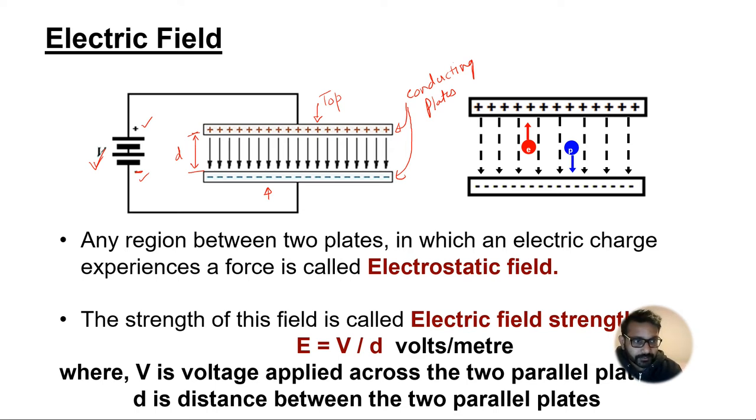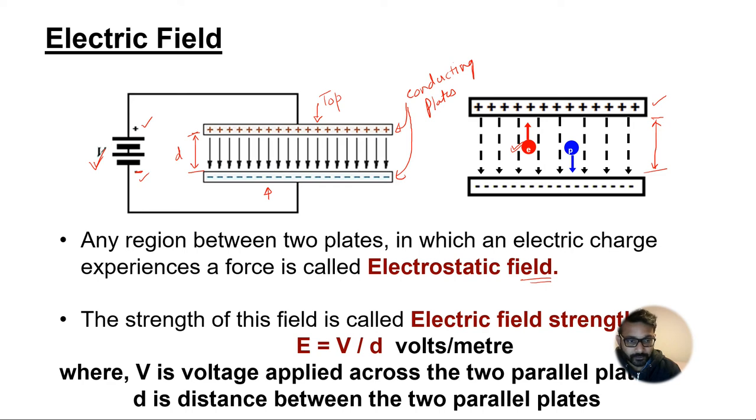If we place a negatively charged particle, an electron, in this electric field, it will get attracted towards the positively charged plate, and if we place a positive charge, that is a proton, in this electric field, the proton will get attracted towards the negatively charged plate, right? So any region between two plates in which an electric charge experiences a force is called an electrostatic field.